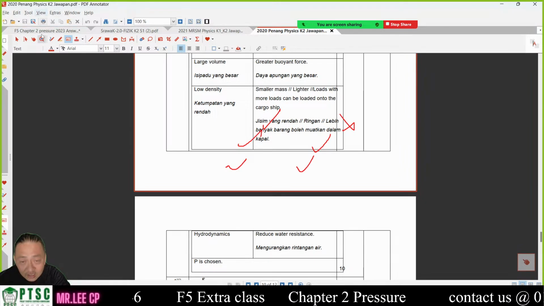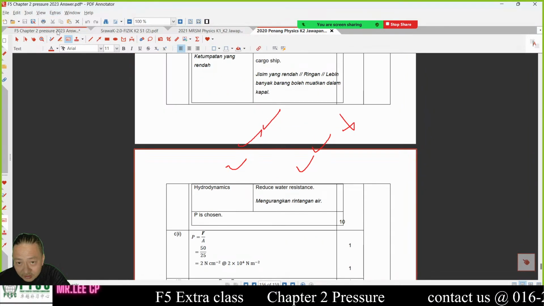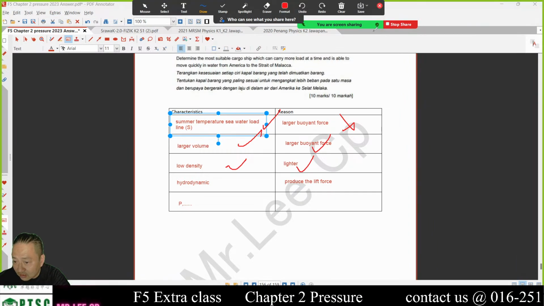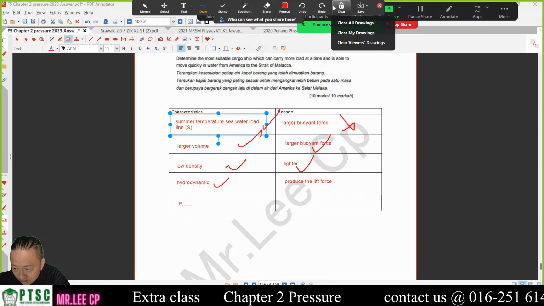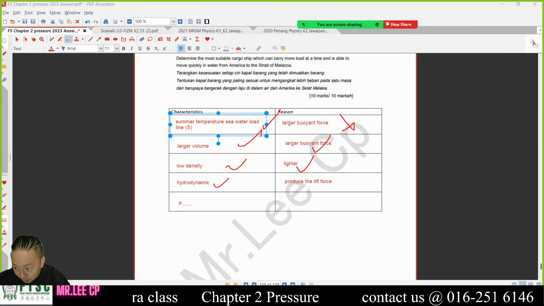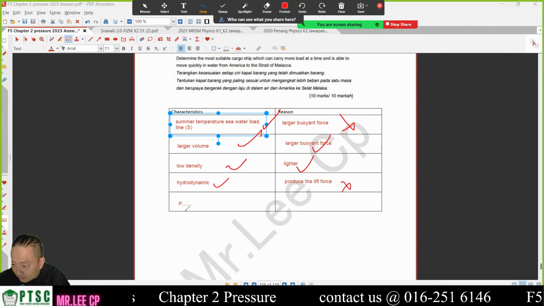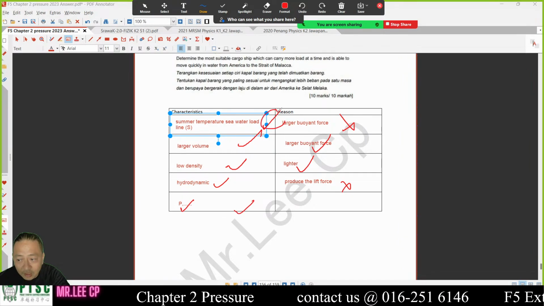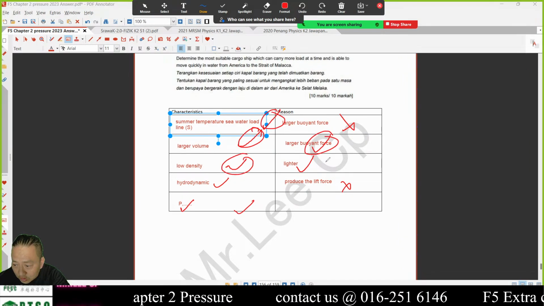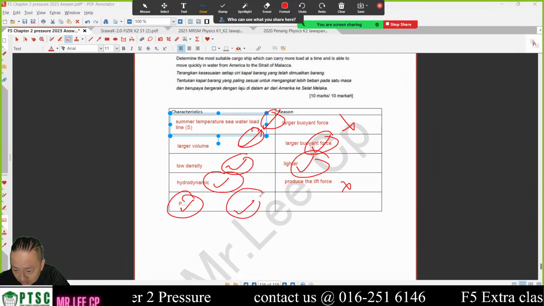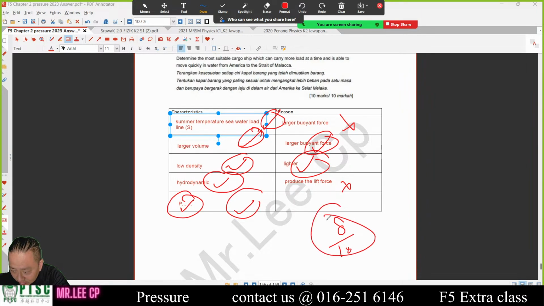P, choose and then repeat. Alright. You see? Hydrodynamic, they said reduce resistance. I said produce more force. Wrong. So this one is wrong. P and then repeat. How many marks do I get? 1, 2, 3, 4, 5, 6, 7, 8. At least I get 8 over 10.